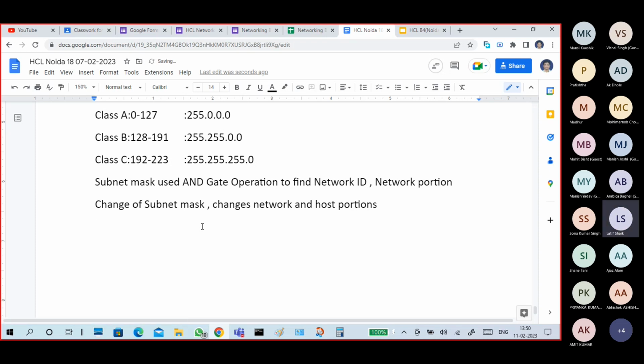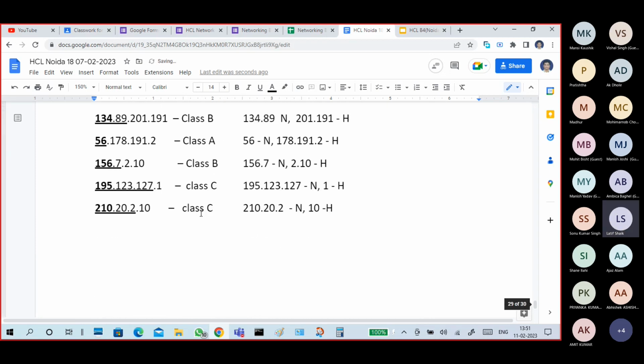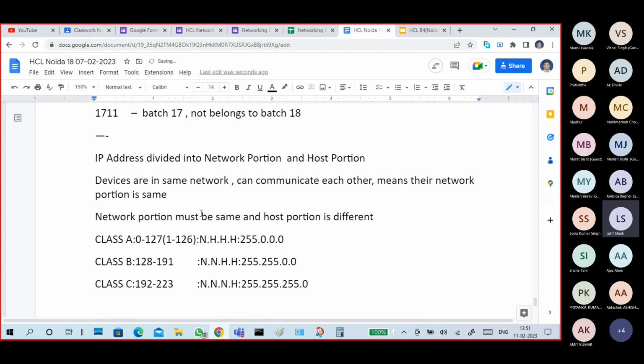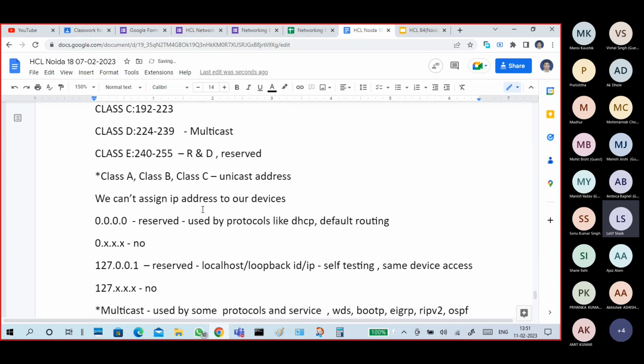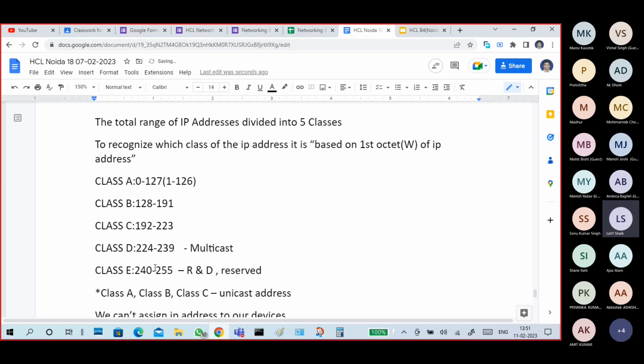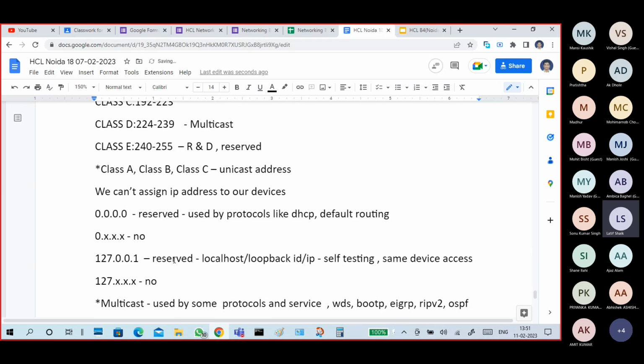A big story is there, because the time is already up. So these are the important points, guys. Default subnet mask, IP address classes and their ranges, and what an IP address is. What is IPv4, IPv6?